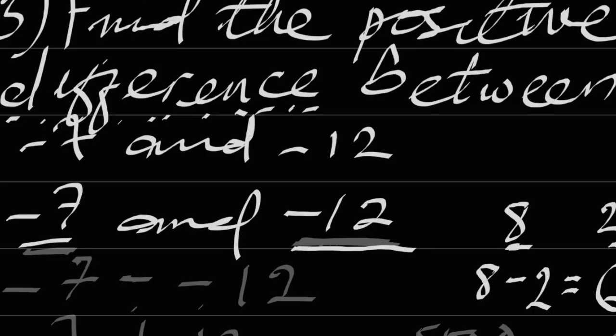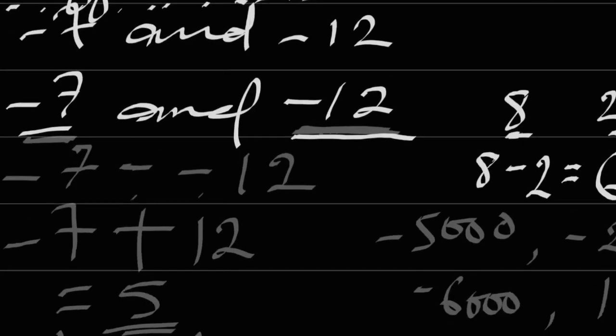For example, minus 5,000 is smaller than minus 2. It's far smaller than minus 2. Minus 6,000 is smaller than 1. Far smaller.